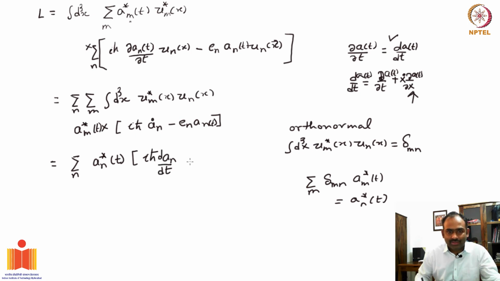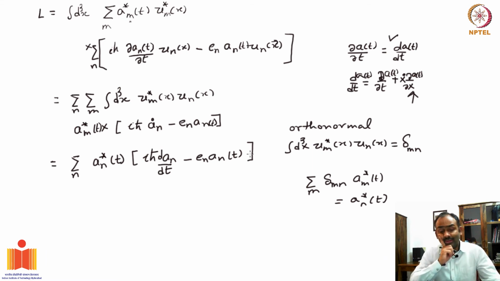There is no need for putting a dot, but it's fine. So, that is what we get for the Lagrangian, and that is good. So, we wanted to write our Lagrangian using only the dynamical variables, and which we have achieved now. We have only the a n's and a n stars.